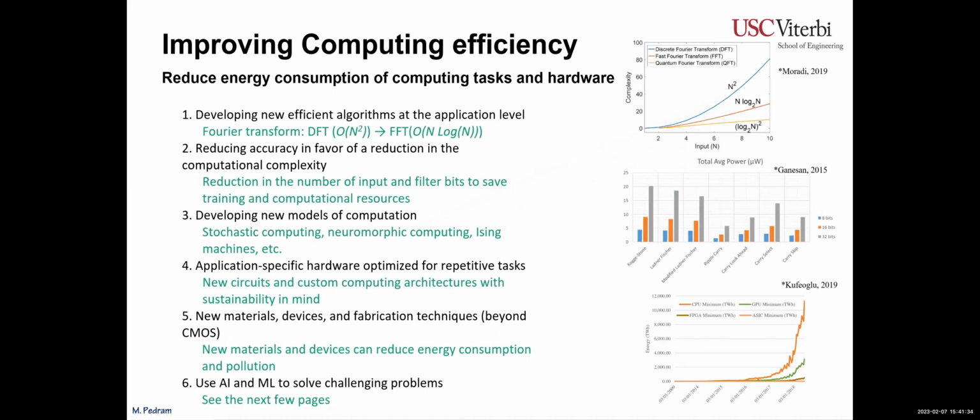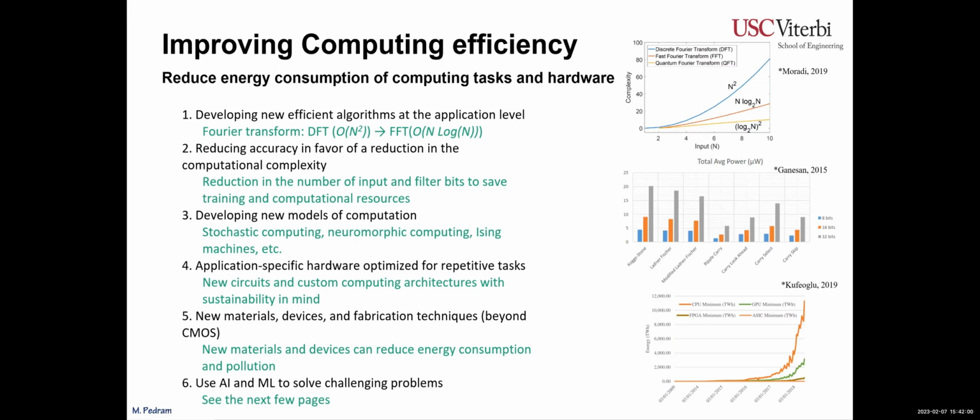So how do we actually now know the trends and some of the issues? As a computing expert, a graduate student, or researcher trying to decide how to improve the efficiency of our computing infrastructure, from devices to circuits and systems and algorithms that run on it, there are a number of different techniques.